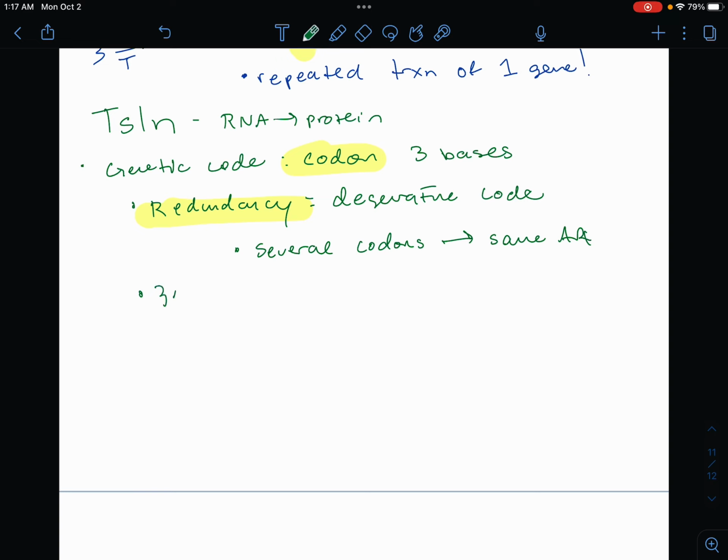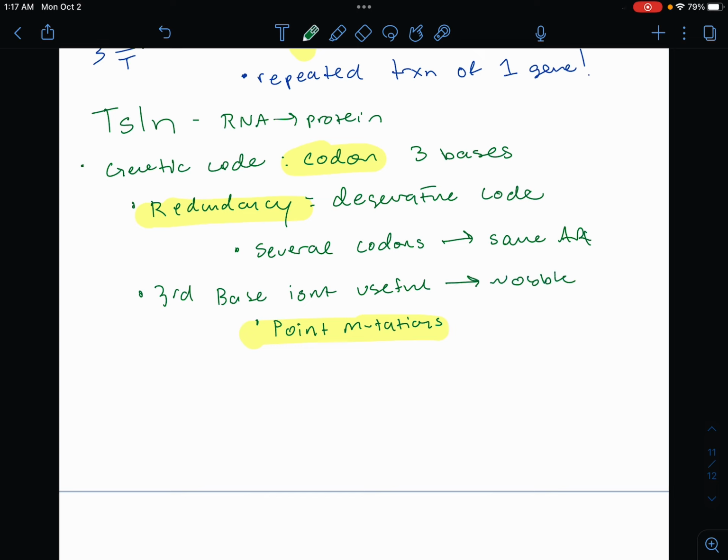The third base in the codon isn't very useful, and therefore, again, we could see this because of the point mutations that could change it, potentially. And therefore, we have a wobble effect.